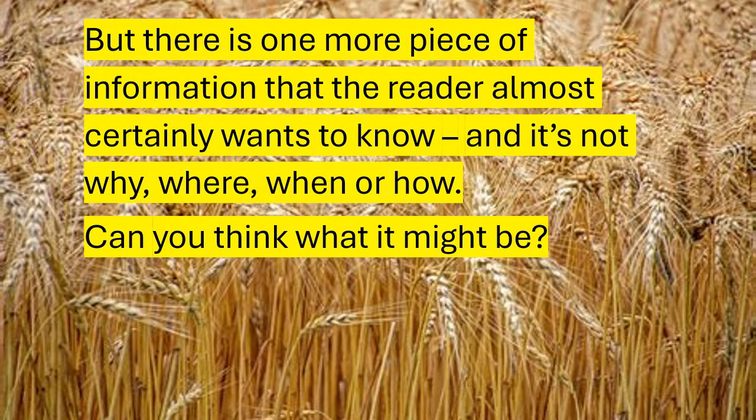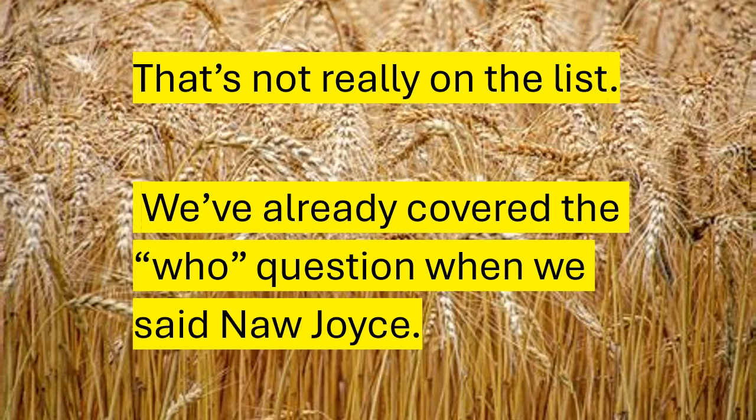But there's one more piece of information that the reader almost certainly wants to know. And it's not why, where, when, or how. Can you think what it might be? Yes. Who to? That's not really on the list.